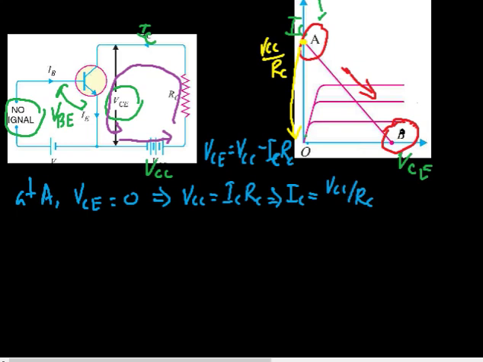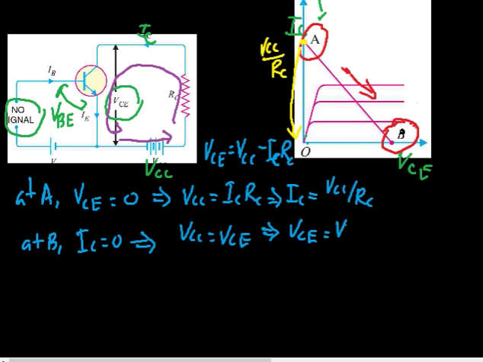And now to find the point B, the point B is the value of VCE for which IC is equal to 0. So put IC equal to 0, then the above equation becomes VCC is equal to VCE, or we can write the value of VCE for which IC is 0 is equal to VCC.